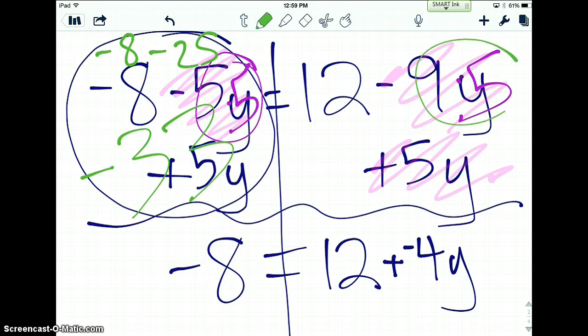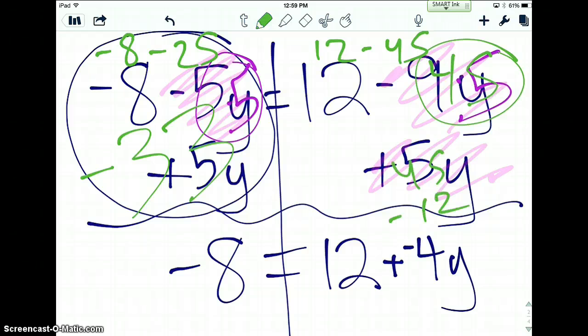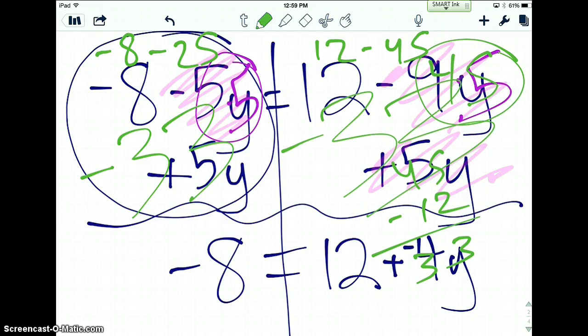And over here, 9 times 5 would be 45. And what is 12 minus 45? Well, that would be... what's 45 minus 12? That's 33. And since it's 12 minus 45, it's going to be -33, which is the same thing.